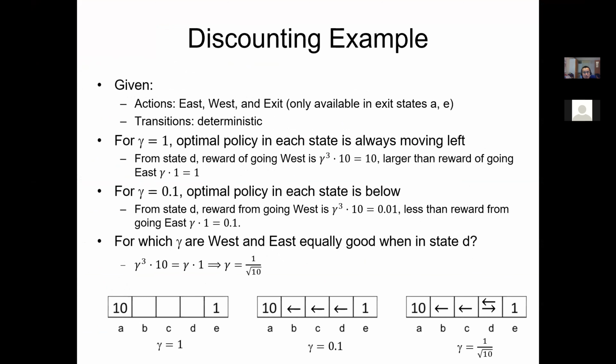So here's a discounting example. You have actions east, west, and exit on the one-dimensional grid, and you have exit states A and E. A has reward 10, and E has reward 1. The transitions are deterministic. So for gamma equal 1, the optimal policy in every state is always moving left towards state A with the high reward.